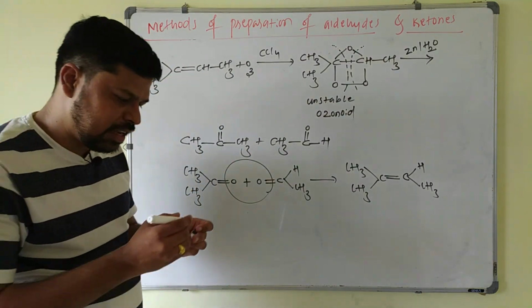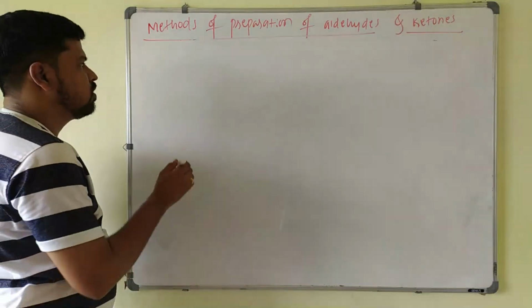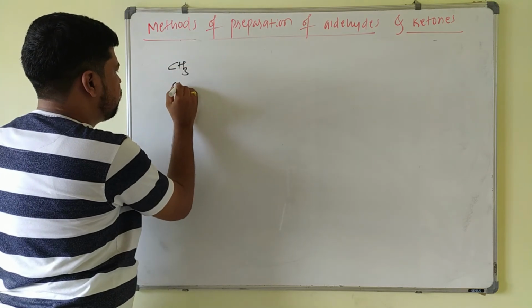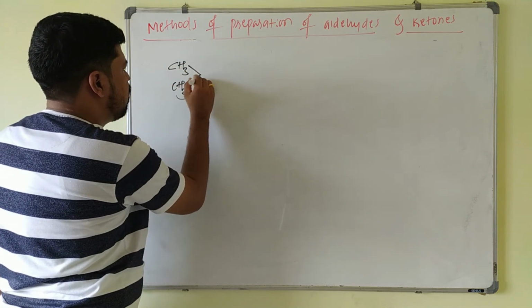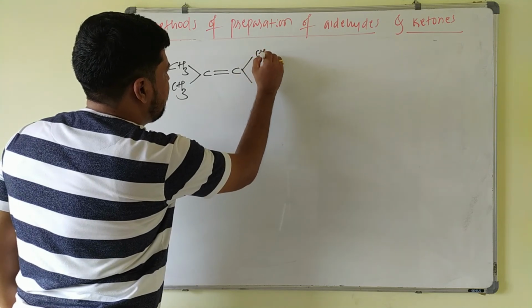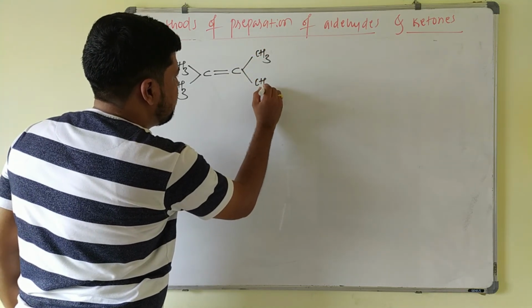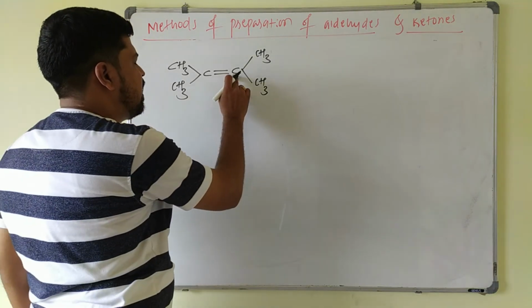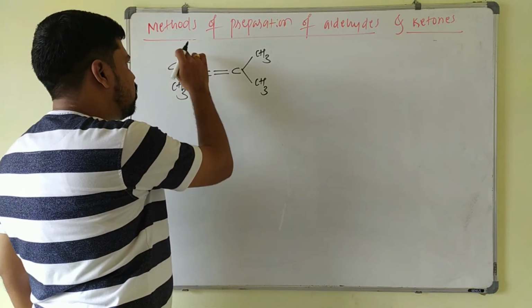Next example, suppose I take CH3, this is a carbon double bond. Again here also I will take CH3 and CH3. This is a highly substituted alkene. Both sides, this doubly bonded carbon atom is connected to an alkyl group and an alkyl group.